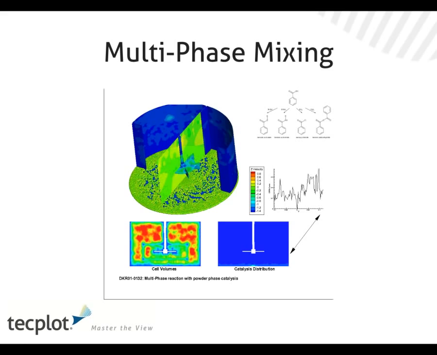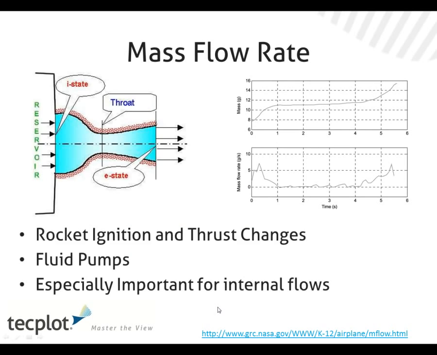You need everything from catalyst dispersion to... It's a good overview, but most of the time that's not enough. You have questions you need answers to, and to do that, you really need to get down to XY plots and some of these integrations.